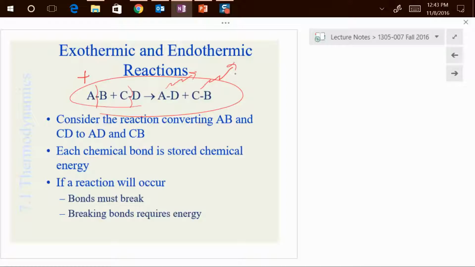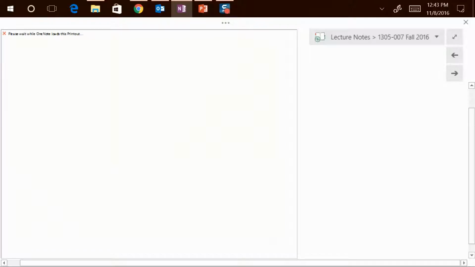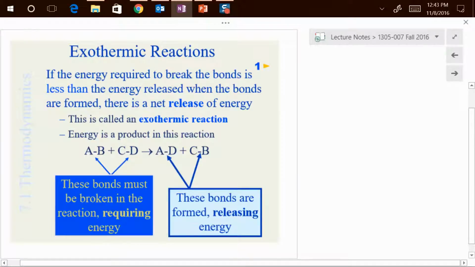Before the chemical reaction can actually take place, those molecules have to collide with enough energy to break the bonds. If they do, then they will react and form new bonds that will release energy. Okay? And we can measure how much energy is absorbed or released in these chemical reactions. So these bonds must be broken. These bonds are formed, releasing energy.